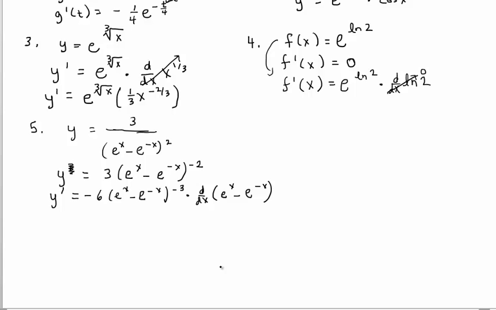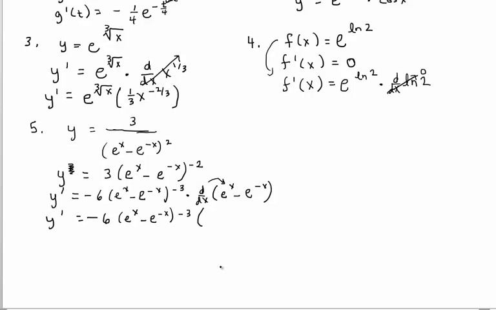All right, so we have a little bit more work to do over here. So term by term differentiation. So y prime equals, bring this down, all right, let's find the derivative of e to the x.